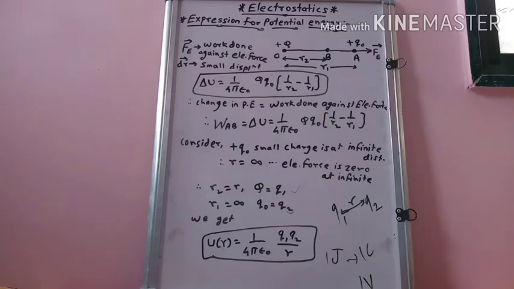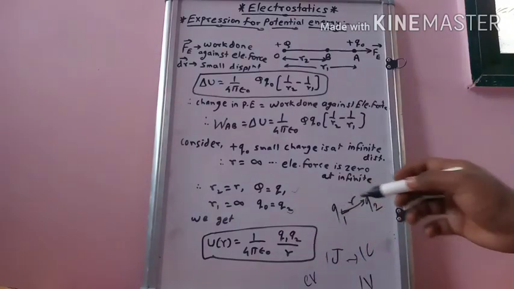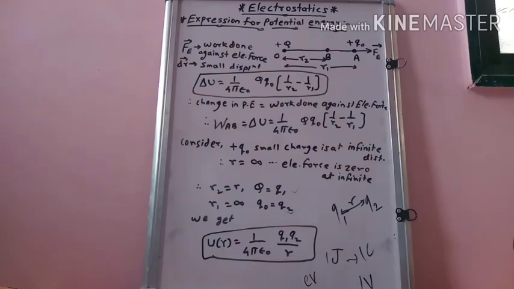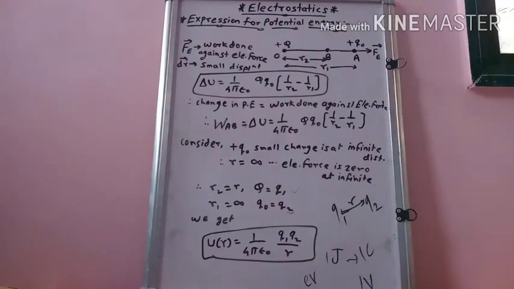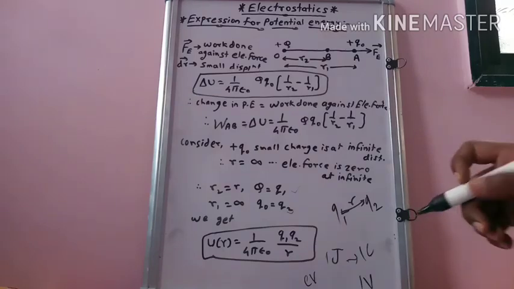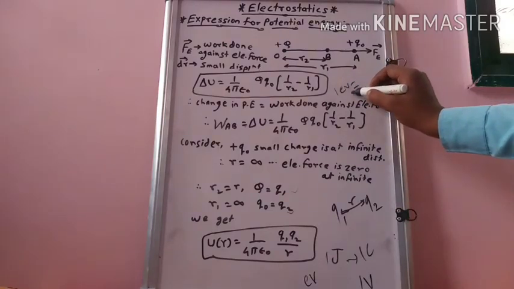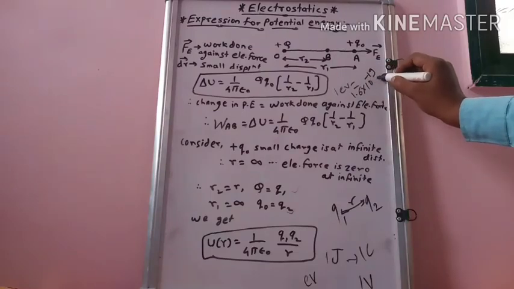Another convenient unit of energy is the electron volt. 1 electron volt is equal to 1.6 times 10 raised to minus 19 joule.